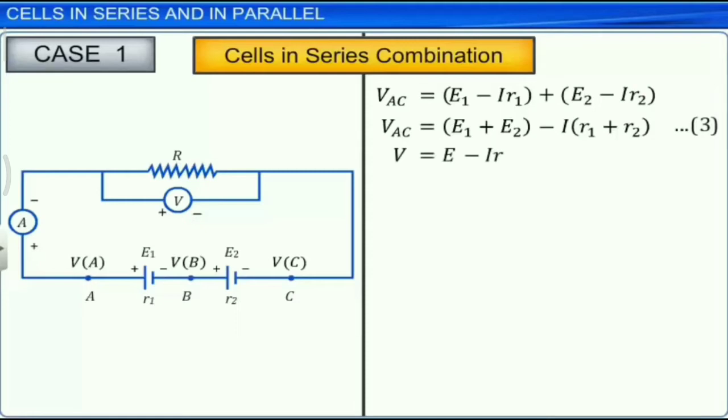We know that V is equal to E minus IR, so VAC is equal to E equivalent minus I into R equivalent. E equivalent is equal to E1 plus E2 plus E3 and so on. R equivalent is equal to R1 plus R2 plus R3.